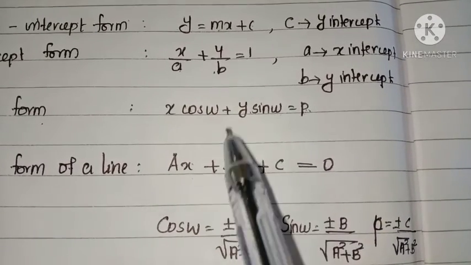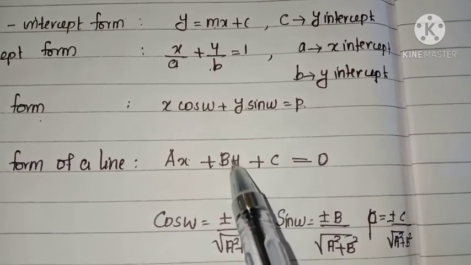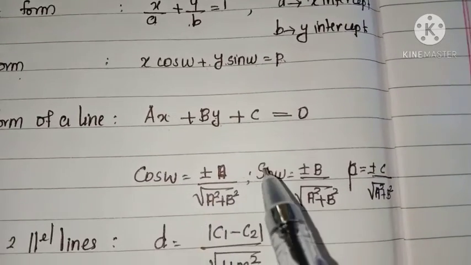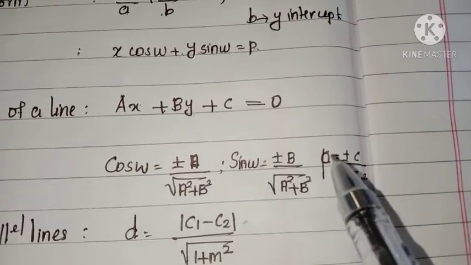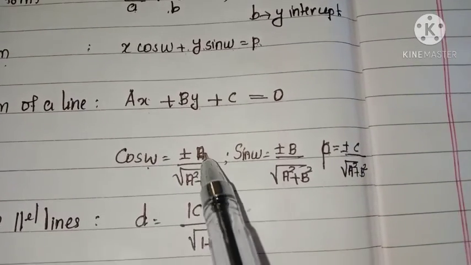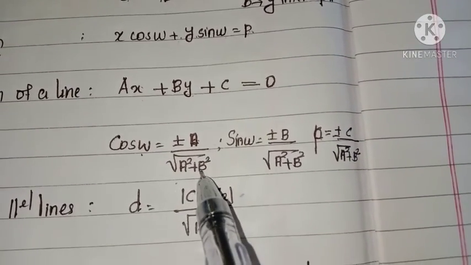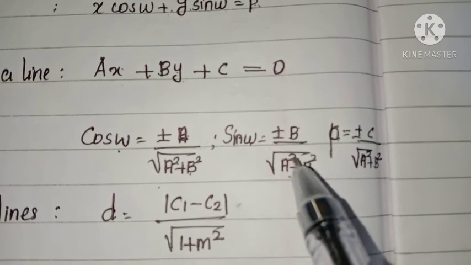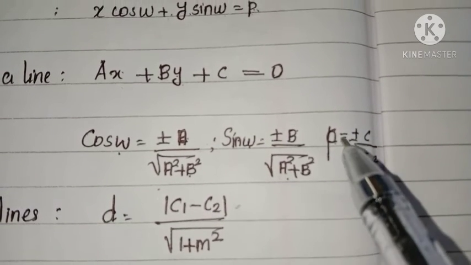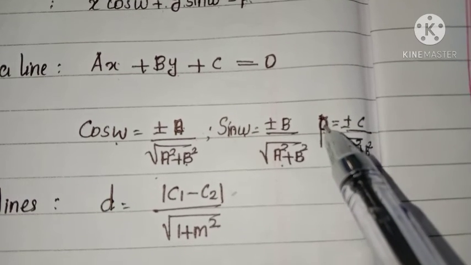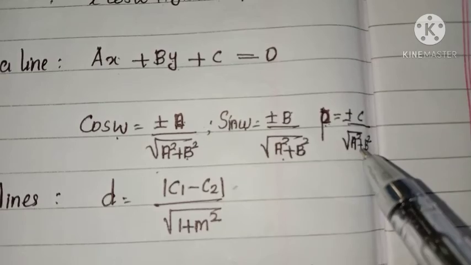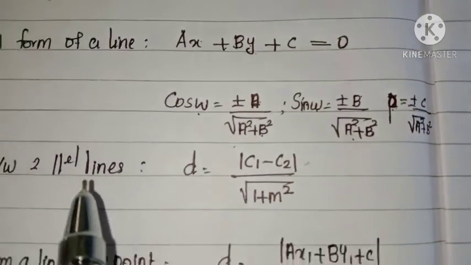If we compare these two equations, general form and normal form, we can deduce cos omega, sin omega and p. Cos omega is a by root of a square plus b square. Sin omega is b by root of a square plus b square. And p is c by root of a square plus b square.